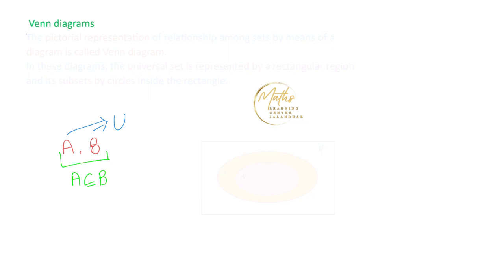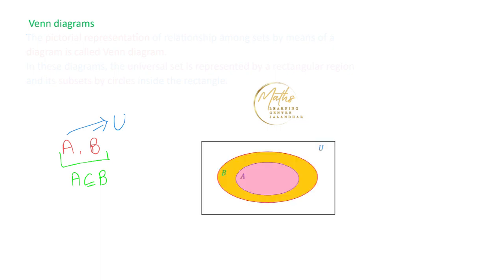Suppose we present it this way: this rectangle represents the universal set U. Then we have the subsets A and B of this universal set, represented with these circles.